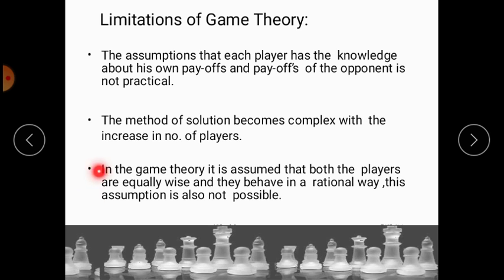And the third limitation in game theory is that it is assumed that both the players are equally wise, right? You must have observed this also in our previous examples, that it was mandatory to assume that both are equally wise.